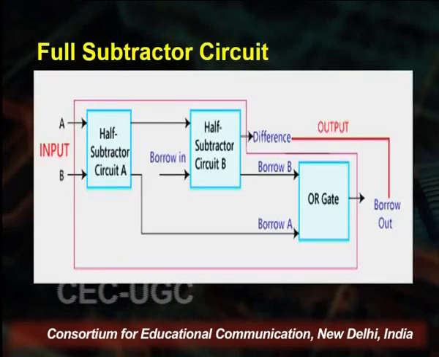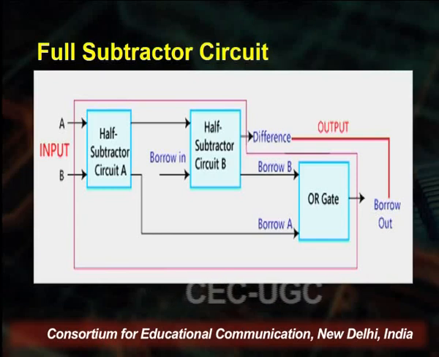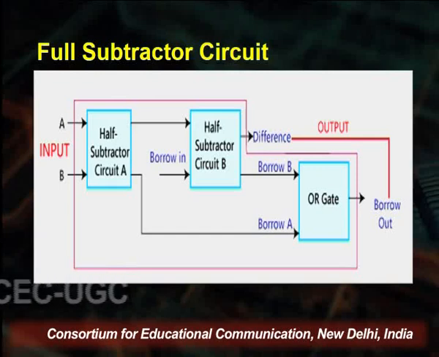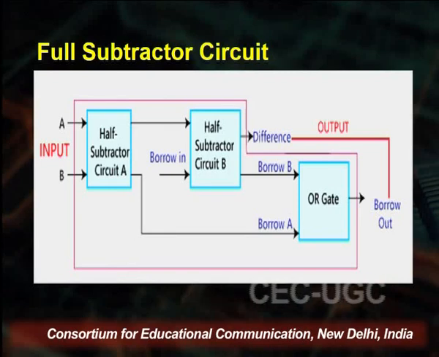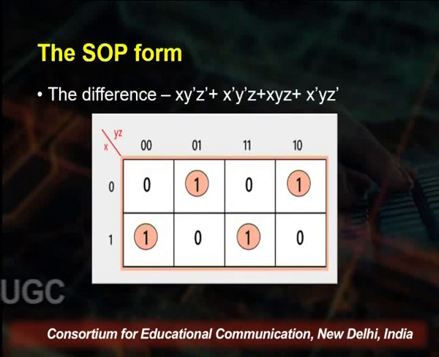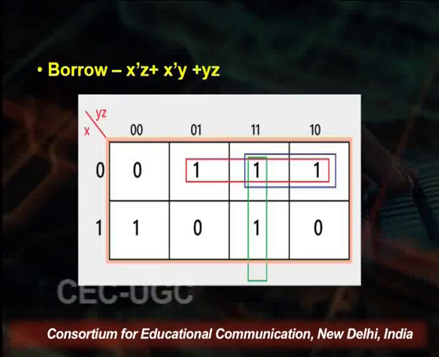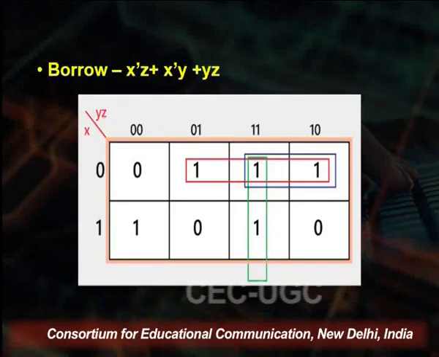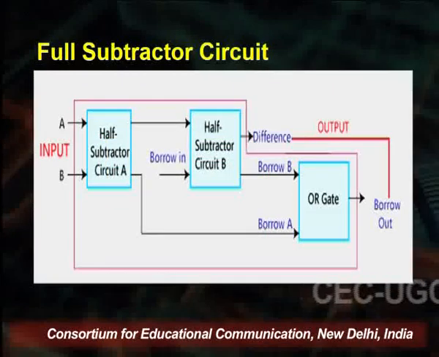It was to create a circuit. If you look at this full subtractor circuit, I have represented it as half subtractor circuit A, another half subtractor circuit B, and then an OR gate and so on. Now this shows that when we start putting the difference statement and this expression for borrow, these terms can also be achieved as an output of the half subtractor circuit.